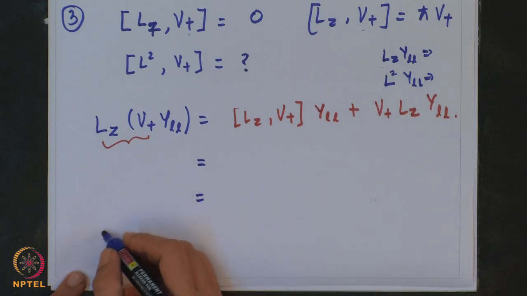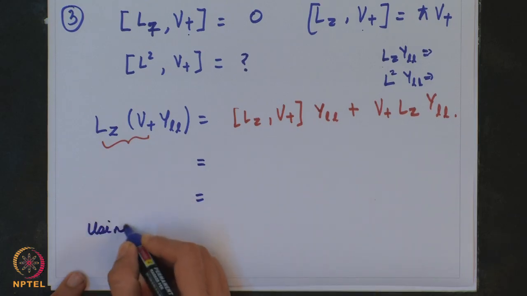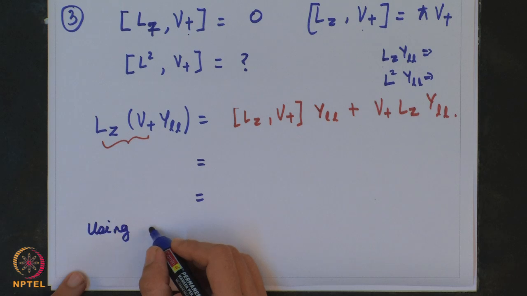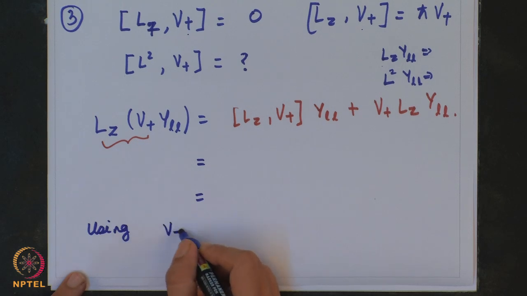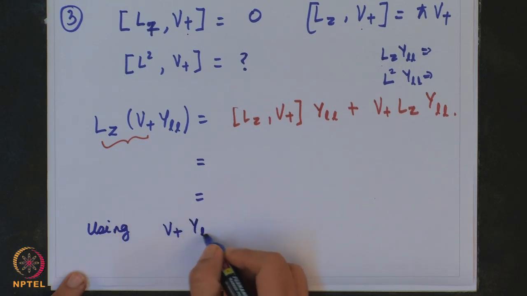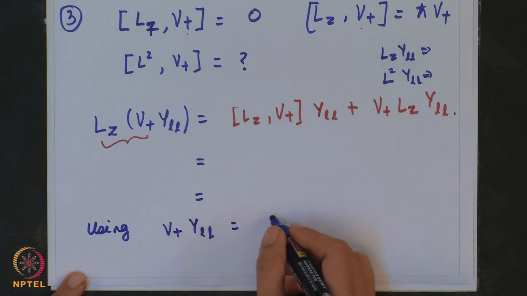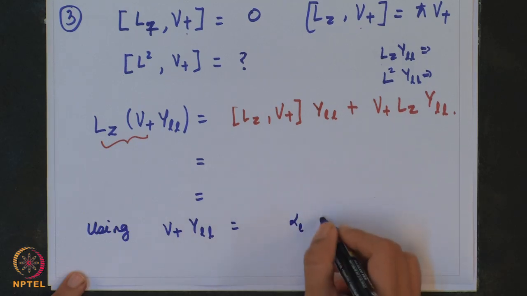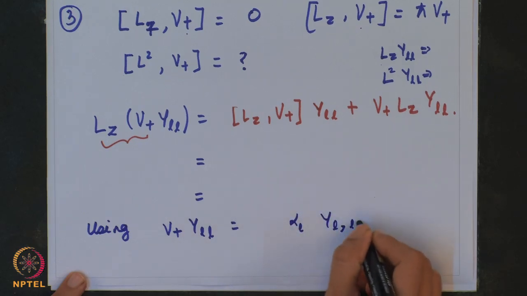In the second part, using the same analogy, using the fact that V plus when operated on |L L> would give some alpha L prime |Y L prime, L plus 1>.